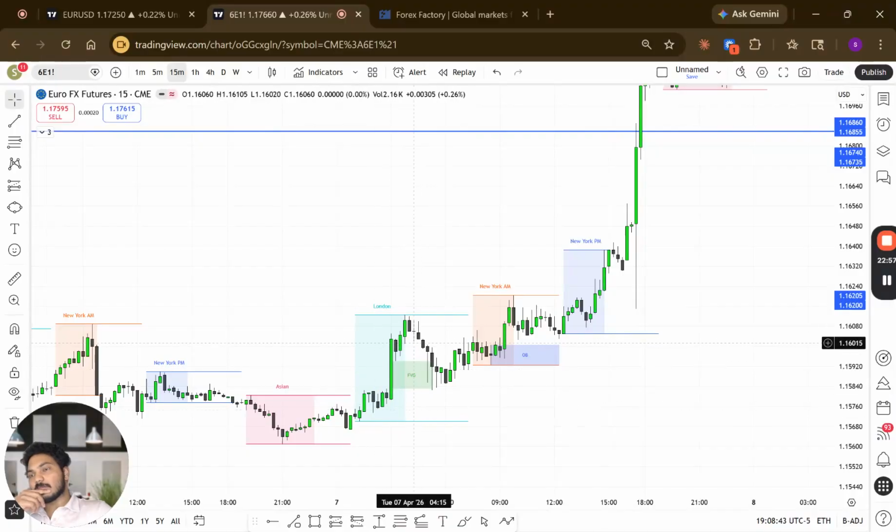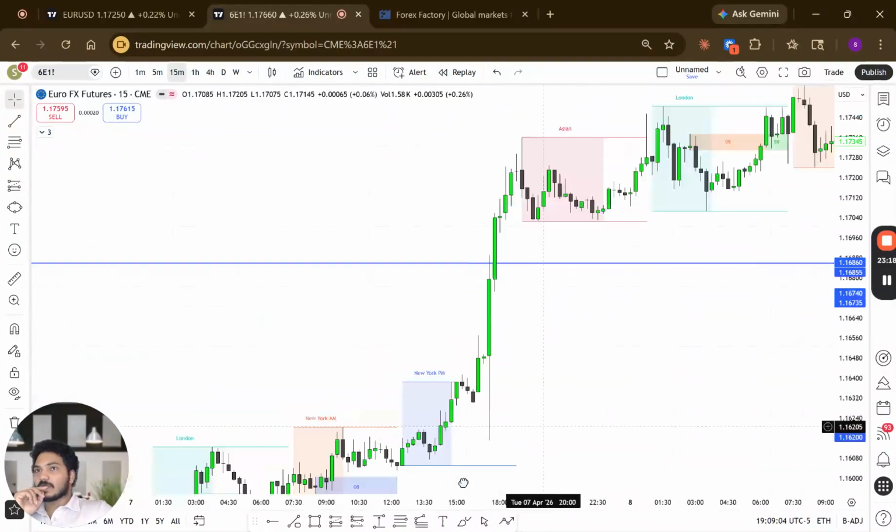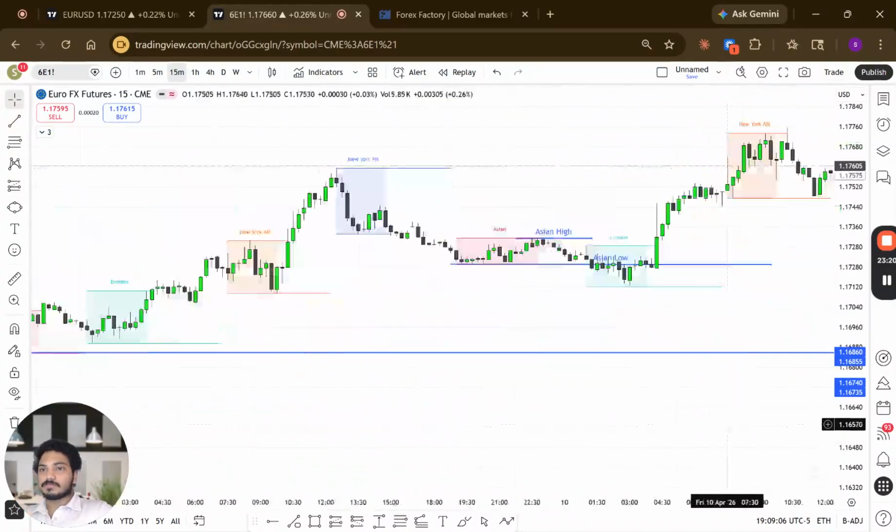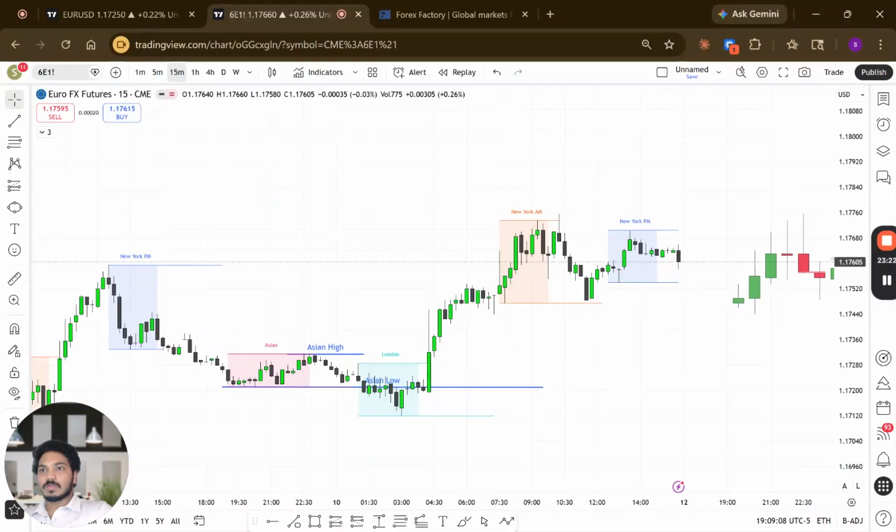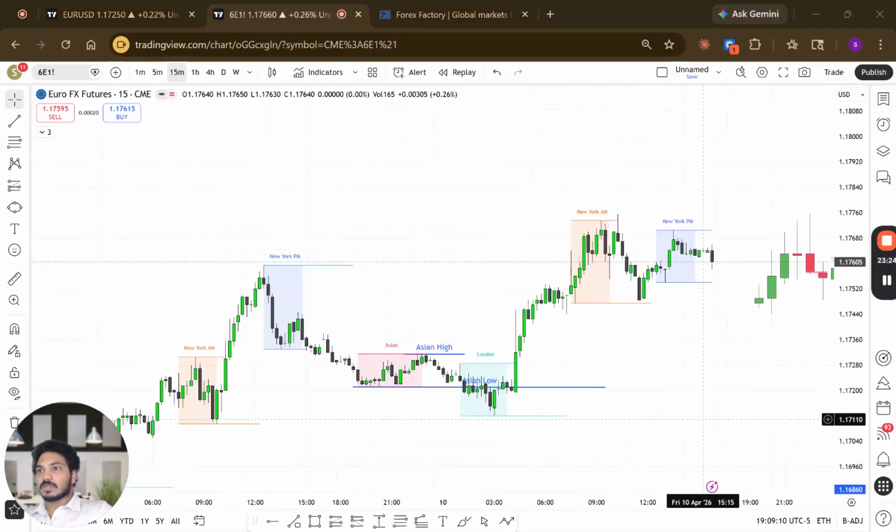Most of the momentum happens in London Open, New York Open, and London Close, which pretty much dissect in between the New York AM session. So let's see what else we can interpret from this chart here.